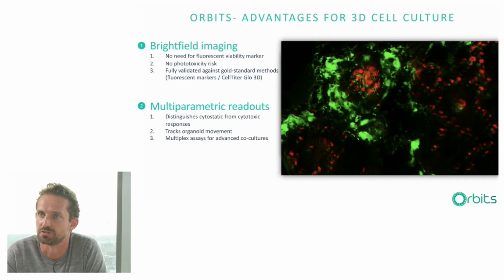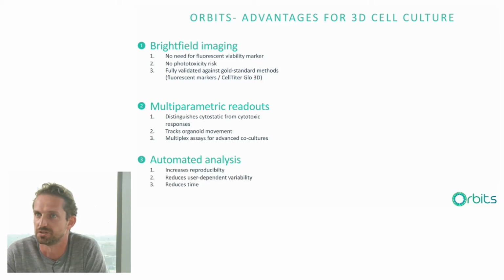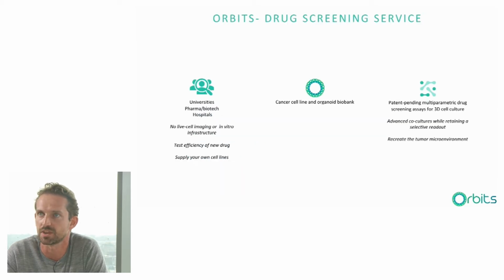We are also in the process of developing more complex advanced co-cultures to recreate the tumor microenvironment, as shown here, a pancreatic tumor organoid surrounded by cancer-associated fibroblasts. The third advantage is that the analysis is automated, so this can increase the reproducibility, reduce user-dependent variability, and reduce overall time spent by the researcher on the analysis.